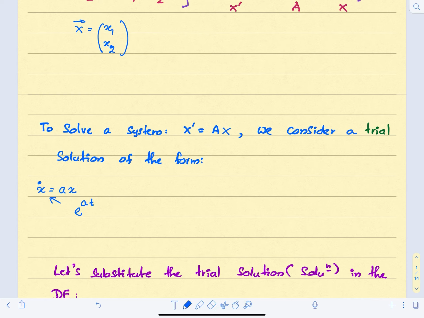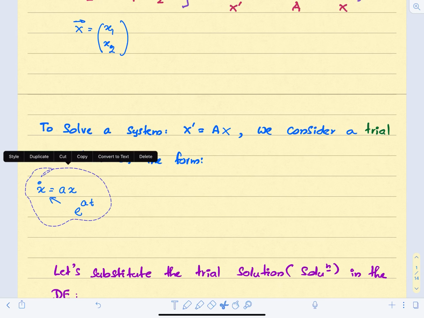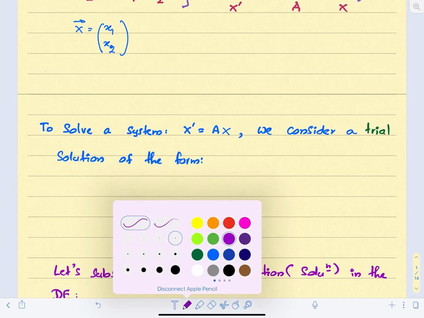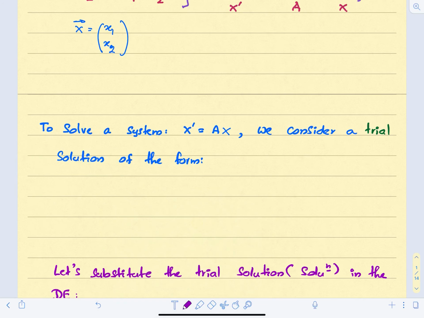So then the trial solution that we are going to consider is very similar to this one, but now x should be a vector. So now let's consider a trial solution in this form: e to the lambda t. Here lambda is a scalar, but ultimately we want to get a vector.